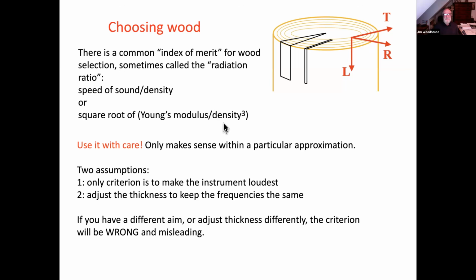If you're choosing between very similar pieces of wood, so you've got rather small differences in this criterion, then you would want to be very careful about whether you're really at that level of accuracy of the difference between those pieces of wood. Are you going to adjust the thicknesses in this particular way to keep the frequencies the same? So it's a useful thing, but it can be misleading.